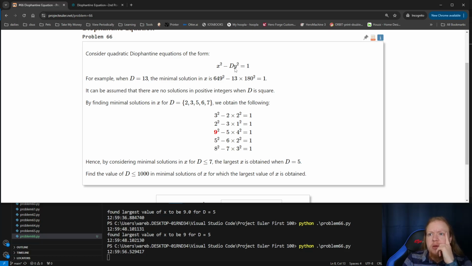But how do we know where to start for the value of y or x in finding the minimal solutions? Is there a better way than this trial and error I was doing? Because that is pretty clearly the wrong solution.